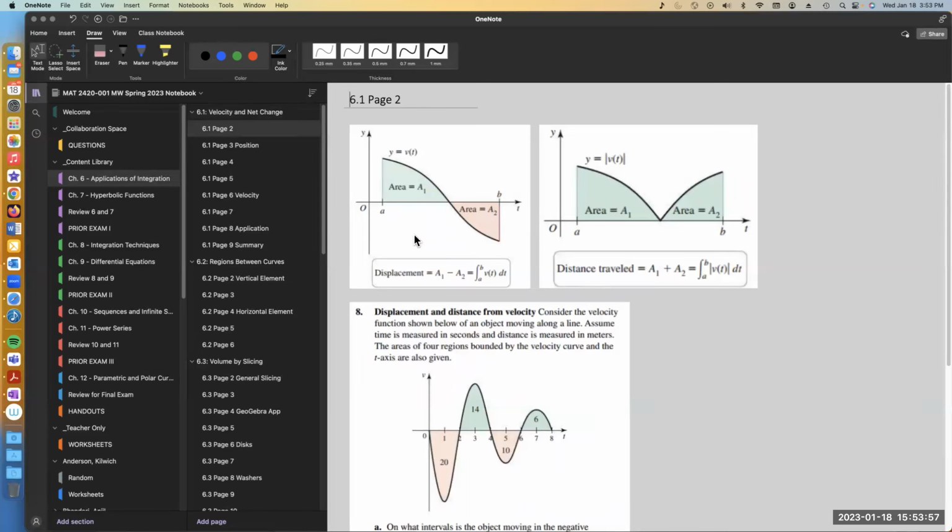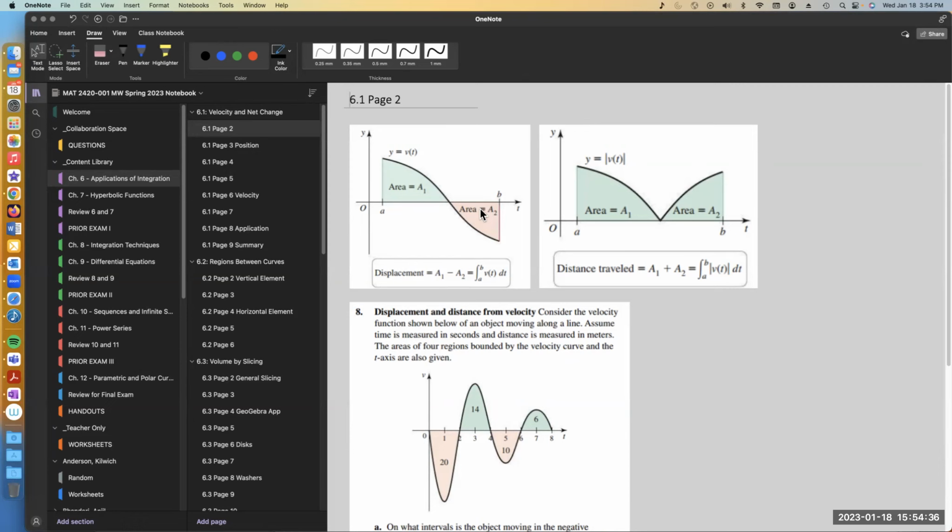Okay. And we know from Calc 1 that if you integrate a curve that passes through the axis, what you can think geometrically is that the value of that integral is whatever this upper area is minus whatever this lower area is. So we get A1 minus A2. That is the displacement. Now, this area up here is representing the distance traveled in the positive direction. This area down here is representing distance traveled in the negative direction.